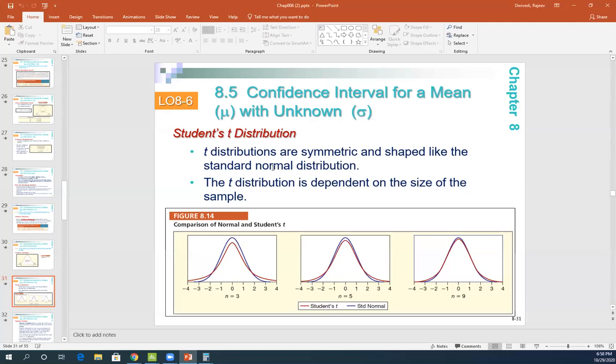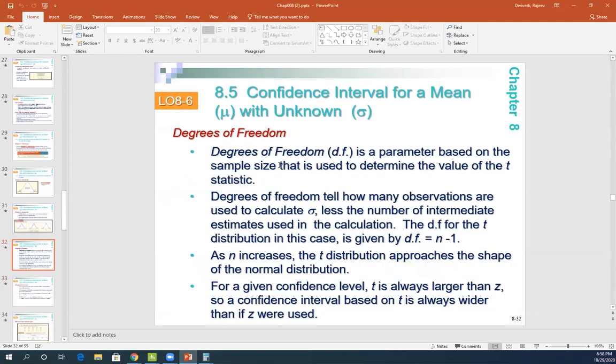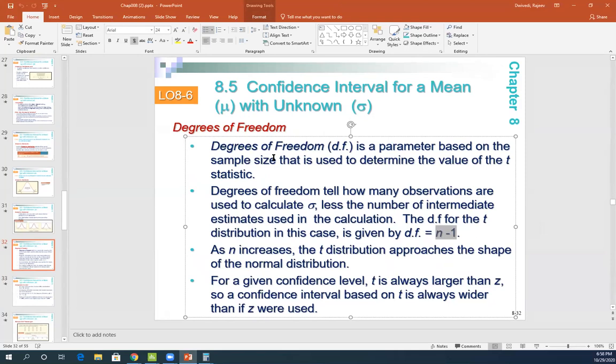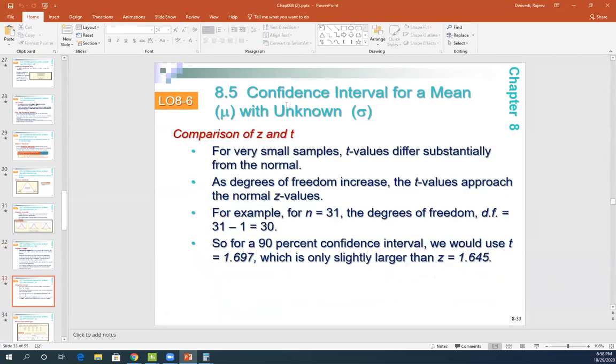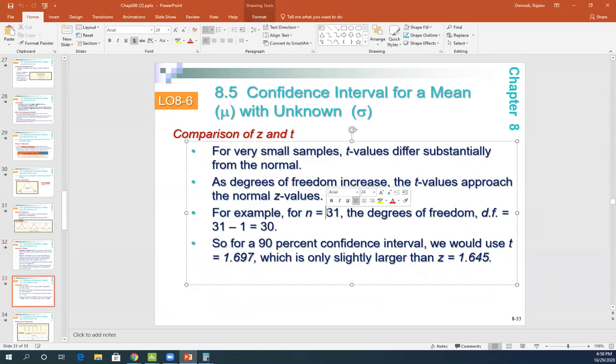So this is the student t distribution. Degree of freedom. What is the degree of freedom? N, the sample size, minus 1, that is the degree of freedom. So if you have 31 samples, 31 minus 1, the degree of freedom would be 30. For example, n equal to 31, the degree of freedom would be 30.